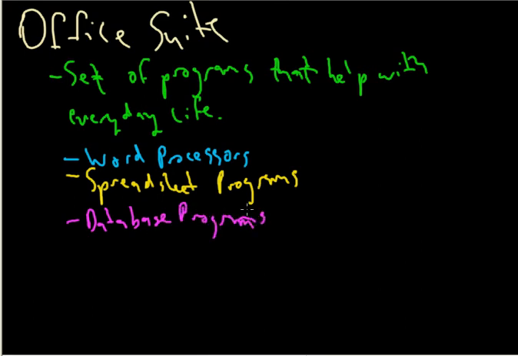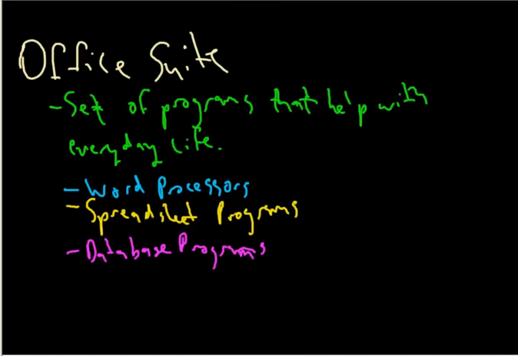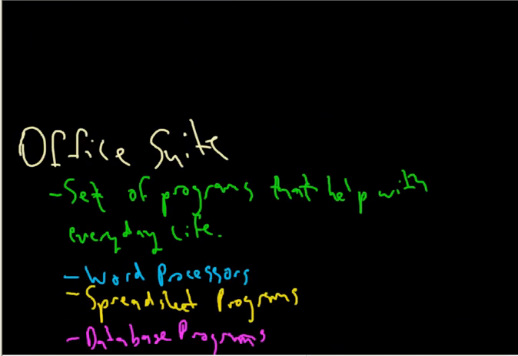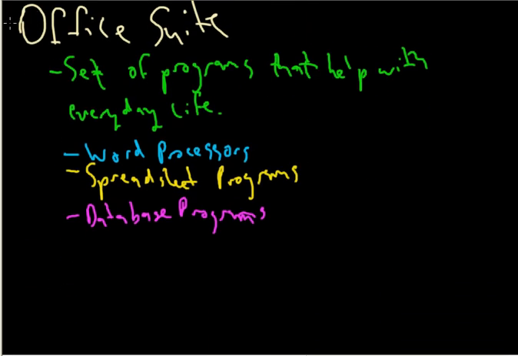It's a very messy M. And so, I have a lot of space up there. So these are the three basic things that come with almost every office suite.